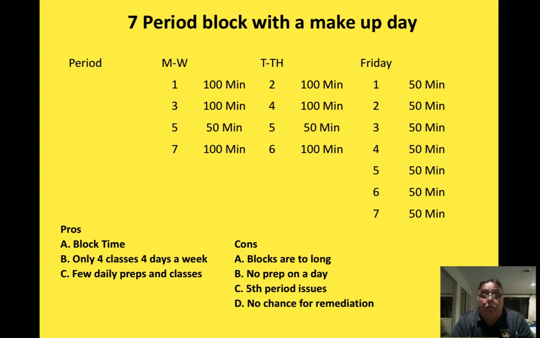The 50-minute block, if you'll notice, 5 is repeated on all 4 days. So 5 is a 50-minute class literally all week long. And the blocks are 1, 3, 2, 4, 6, and 7.